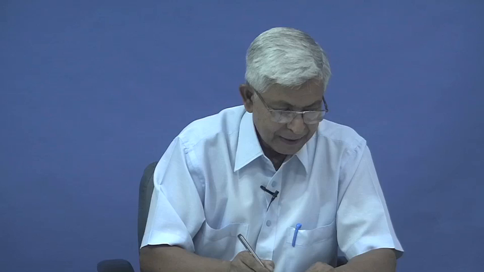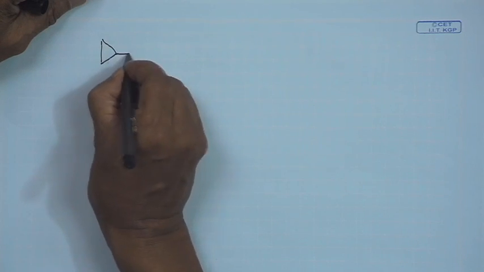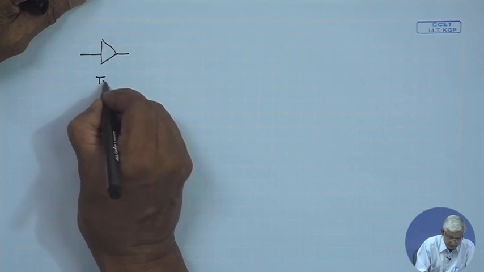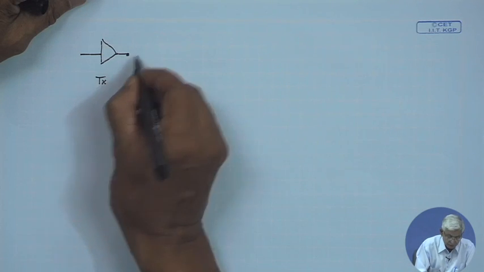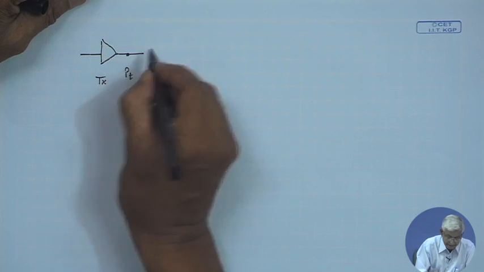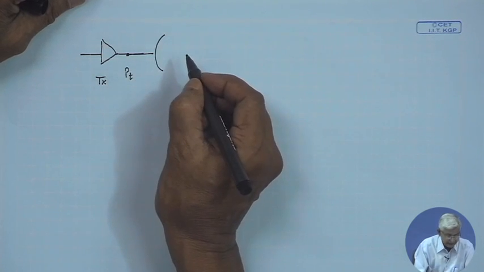That is, we have now seen a transmitter which has a power amplifier, whose power output is PT, and it is put into an antenna.